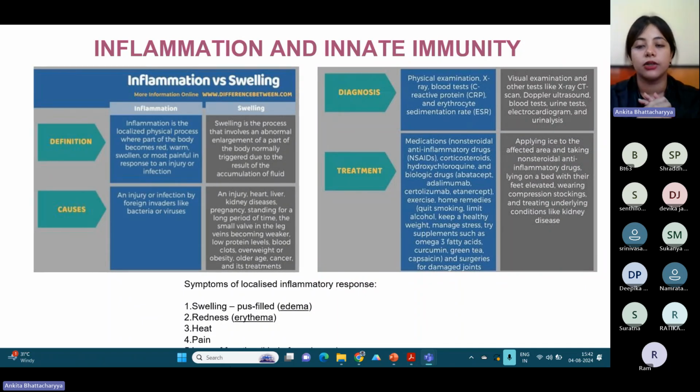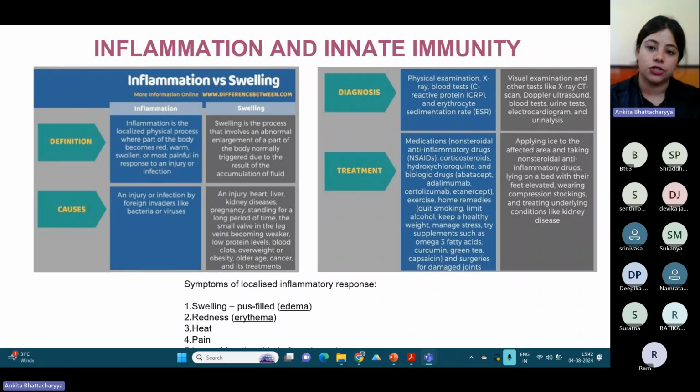Also, ESR, or erythrocyte sedimentation rate, is checked to see whether a person has a hyperactive immune system as a result of inflammation. Visual examination and other tests like X-ray, CT, etc. can be done for swelling also, but it's not that crucial a diagnosis.